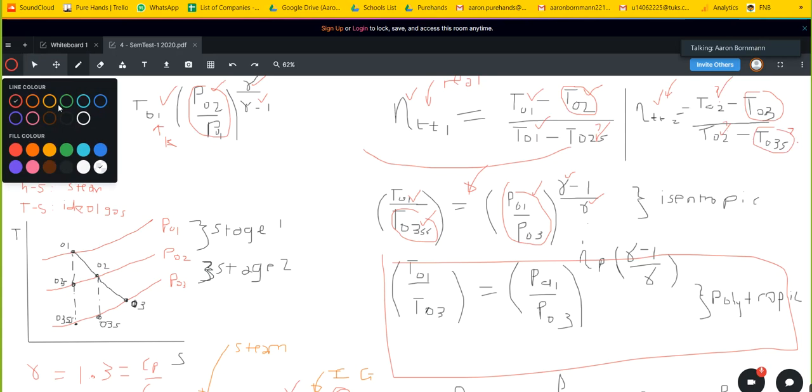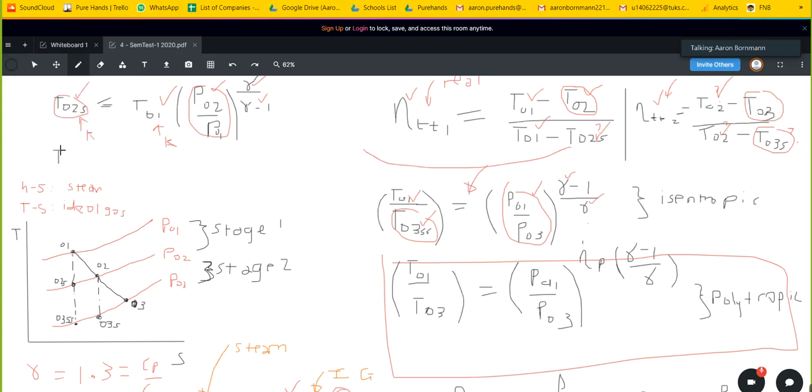So we say T03s, just repeat the process, equal to T02, which is multiplying out there, and then we just get the pressure ratio, which is P03 over P02, and then it will be that to the power of gamma minus 1 over gamma, right?